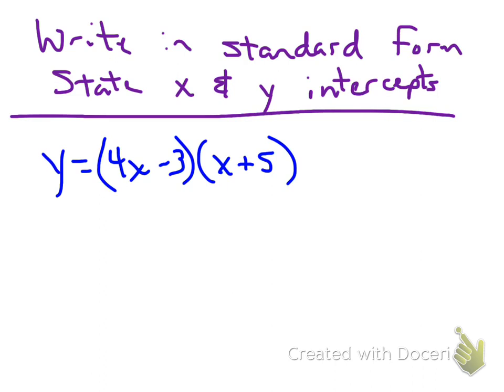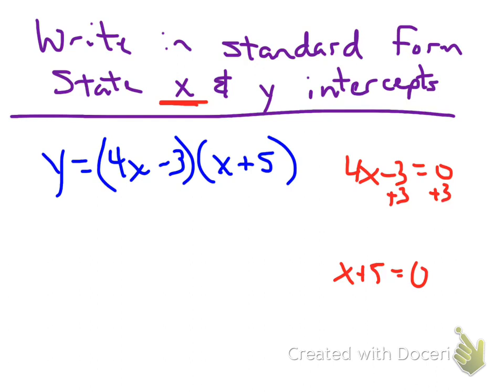All right, first thing I'm going to do here is I'm going to do my x-intercepts first because I don't need to do much extra work. It's already in factored form. If I want my x-intercepts, that means the y value is 0. So now I just do my zero product property. I have 4x minus 3 equals 0, and I have x plus 5 equals 0. So very similar to the last problem.